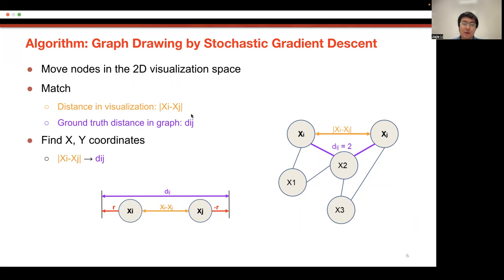Here we want to match the distance in the coordinate space to the ground truth distance. So what we do is compute a delta and add or subtract this delta distance to the current visualization positions to make it closer to the ground truth distance.